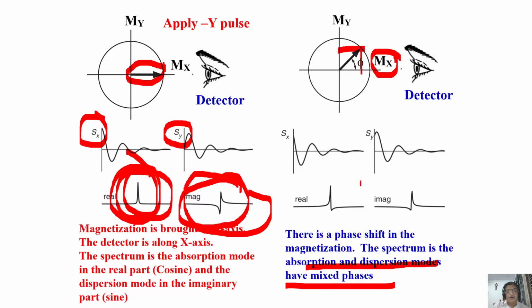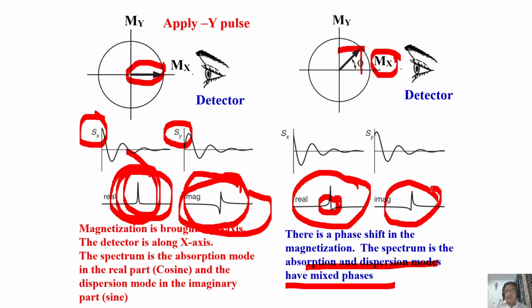This is the type of signal you are going to collect. After Fourier transformation, the real part is not exactly absorptive. There is some phase, a mixture of imaginary and real parts. Both are present, so as a consequence there is a phase shift. In the same way in the imaginary part, the dispersive signal is also not exactly what you should have expected.